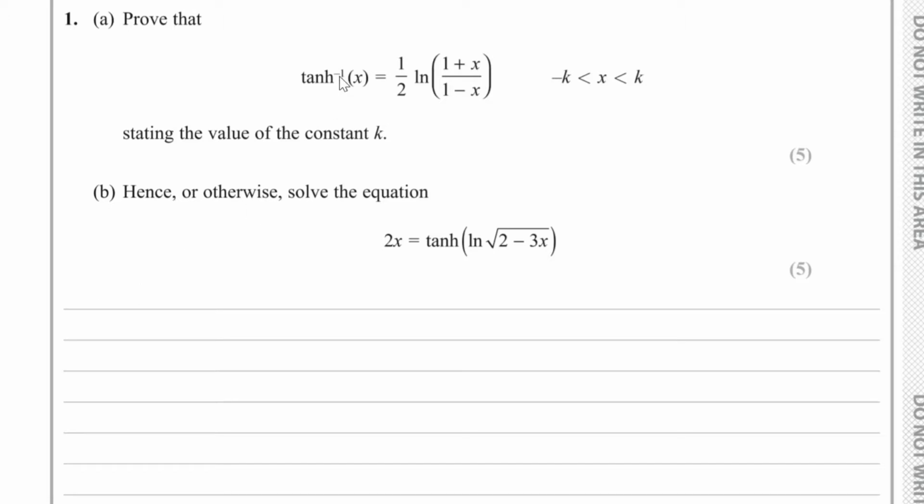First of all, we begin by setting the inverse hyperbolic tan of x equal to y. Then if we take the hyperbolic tangent of both sides, you'd find x to equal the hyperbolic tangent of y.